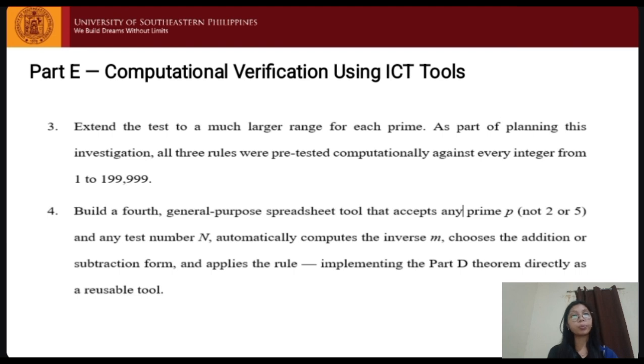We also performed a much larger verification by testing every integer from 1 up to 199,999. In addition, we developed a general spreadsheet tool that automatically computes the correct multiplier for any valid prime and applies the theorem directly.